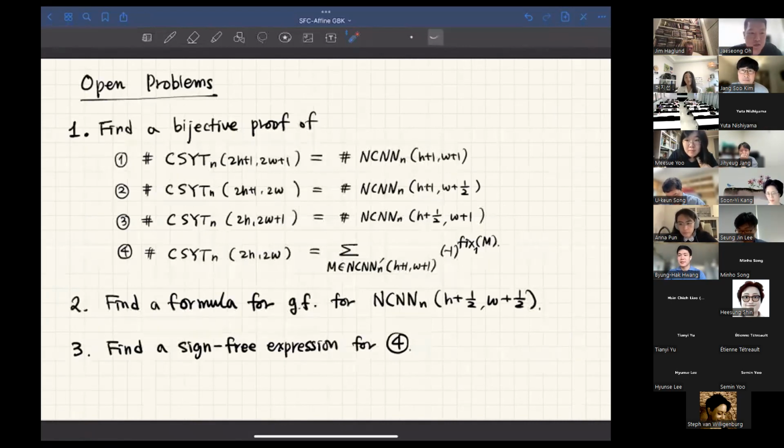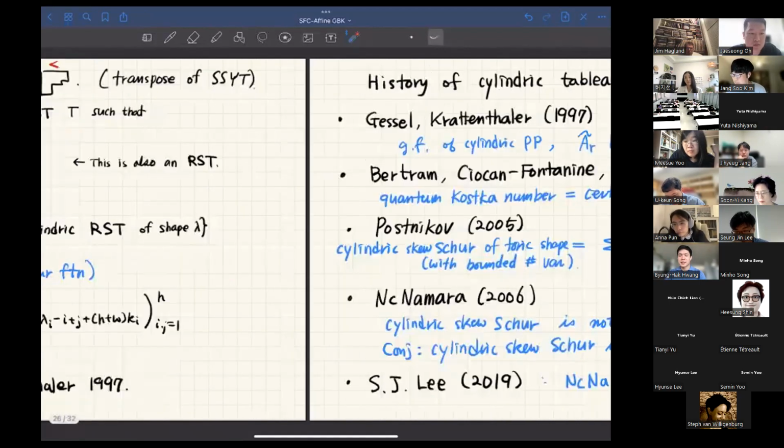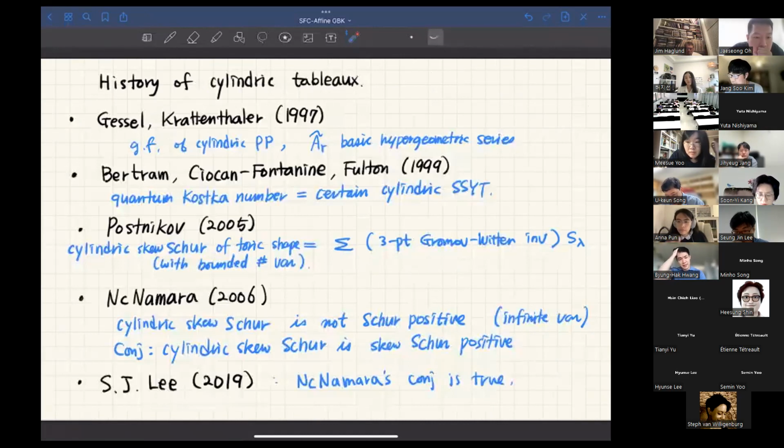I have one. When you talked about the history of cylindric standard tableaux, you mentioned Namarra's conjecture: are cylindric Schur functions cylindric Schur positive or Schur positive? Schur positive.